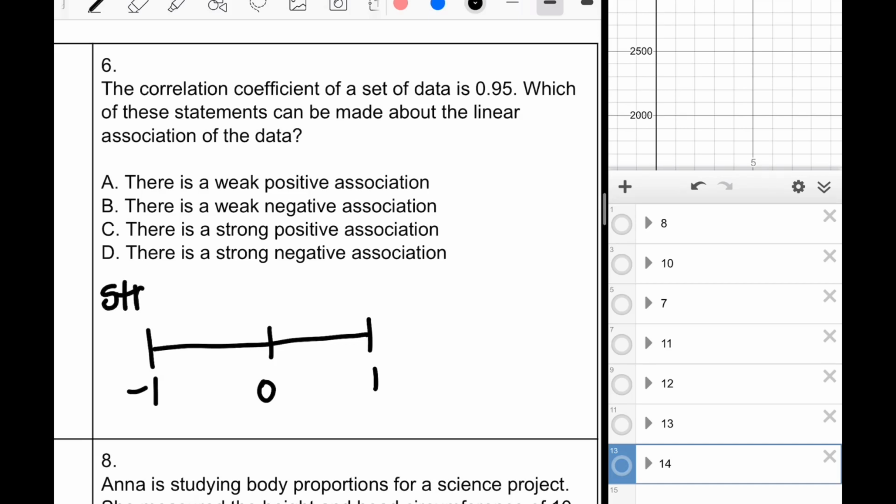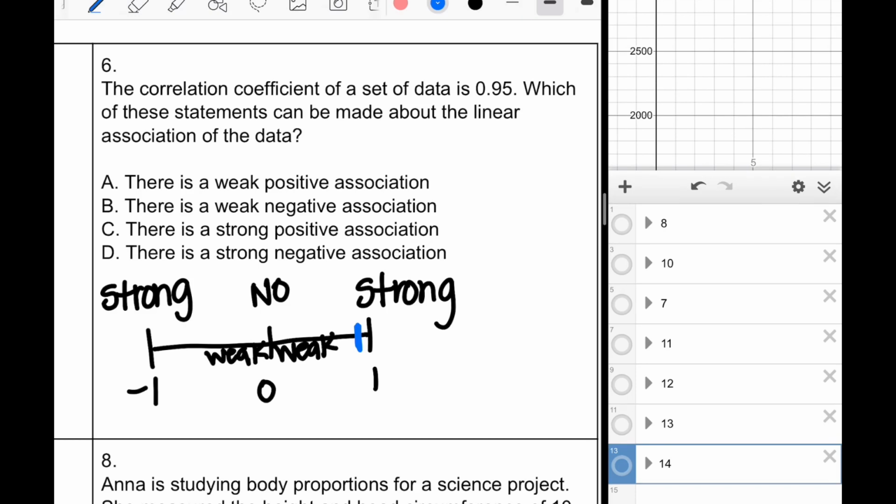The closer it is to -1 or +1, the stronger it is. The closer it is to 0, the weaker it gets. So 0 is no correlation, and it's going to get weak as it gets closer to 0. Okay? So I have 0.95. 0.95 is going to fall close to +1. So that's going to be positive, and it's going to be strong.